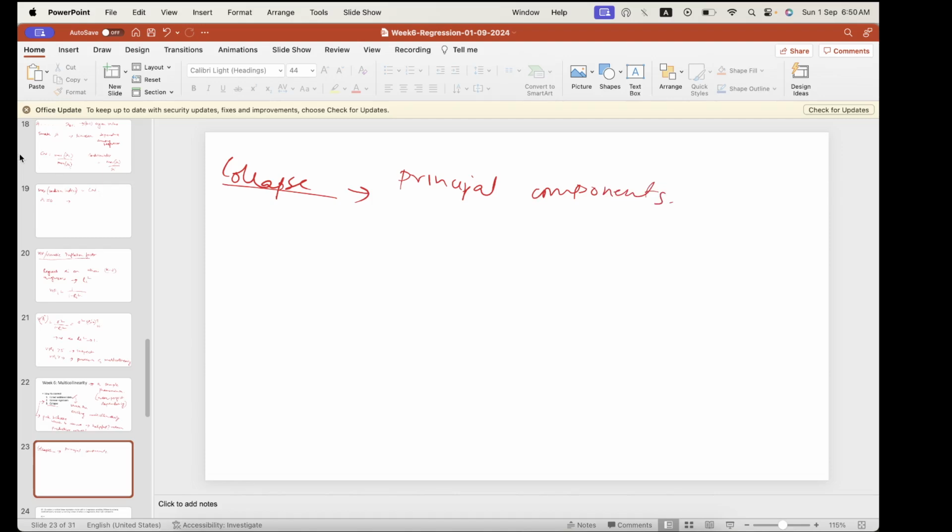So let's say we have that X prime X has eigenvalues lambda 1, lambda 2, up to lambda k, and we devise a diagonal matrix such that these form the diagonal.